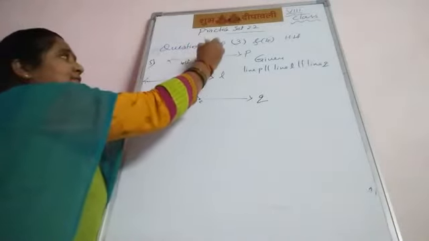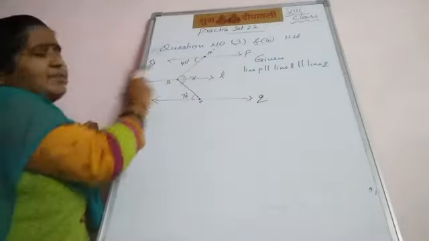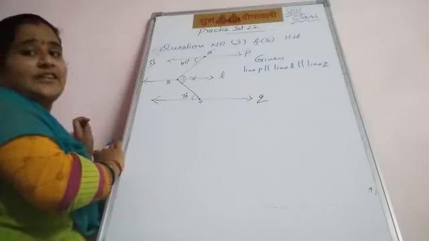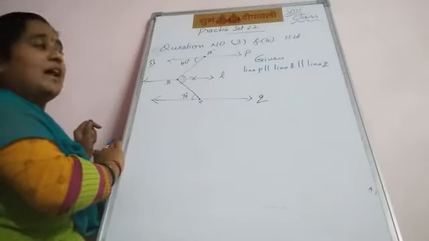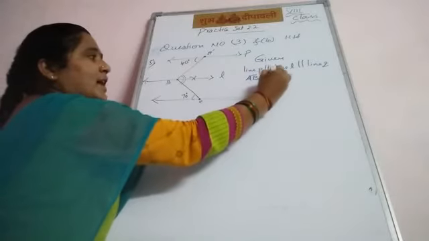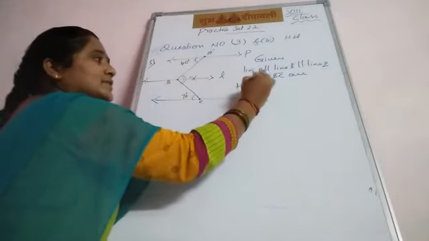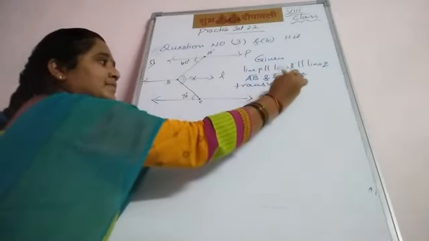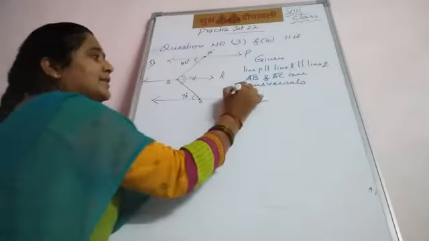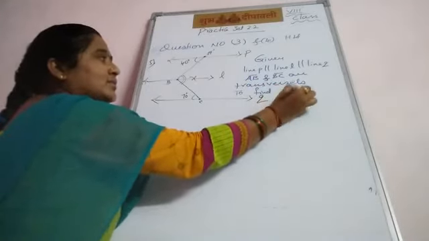If you extend it, it will become a line also. Otherwise, write down the segments. Segment AB and segment BC are the transversals for the 3 parallel lines. To find what? x equals question mark.